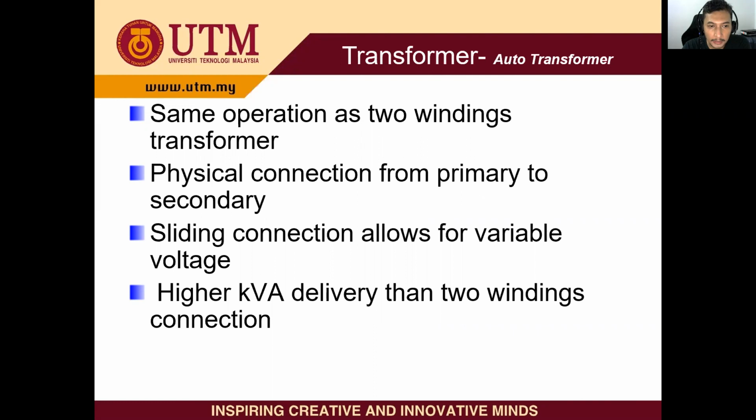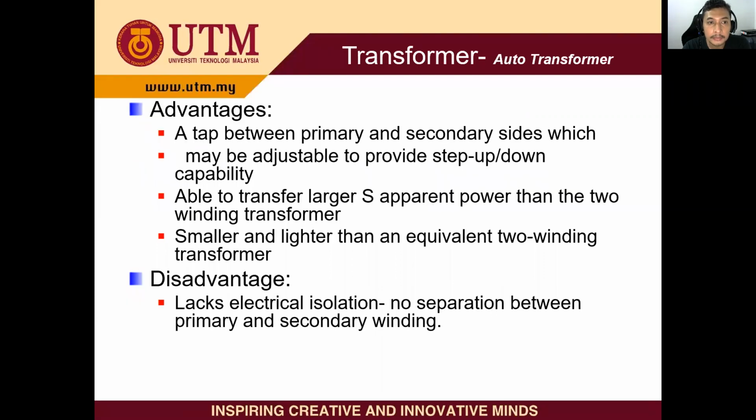It has a sliding connection to allow a variable output voltage. The advantage of using this auto transformer is that we can have a tap between the primary and secondary sides, which can be adjusted to provide either step up or step down capabilities.